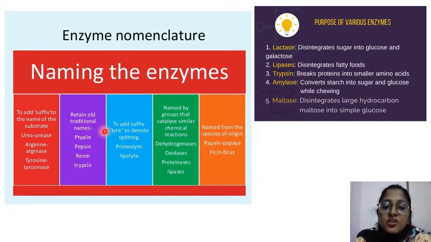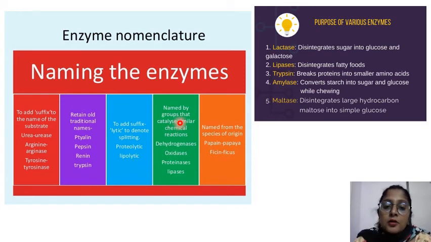Some old traditional names are there like ptyalin, which is the salivary amylase, renin, pepsin, trypsin. These are all old names which have been given. Some are denoted as lytic based on their splitting function, like proteolytic, lipolytic. Those which help in the splitting action are named such.